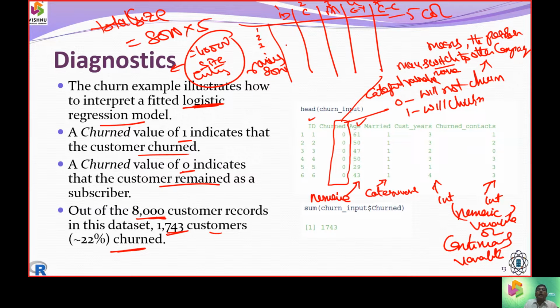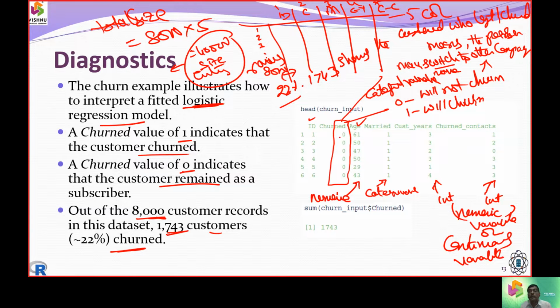Now in these 8,000 records, 22%, that is almost 1743, are the customers who left, that is, who churned. The rest are with the operator itself.